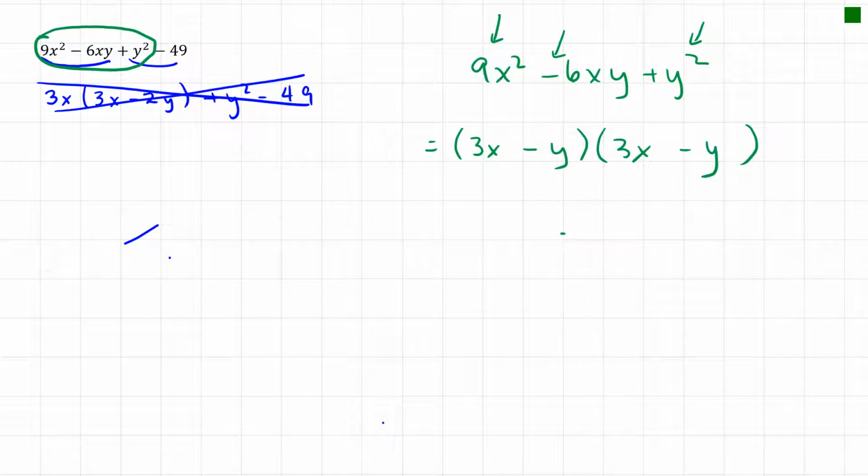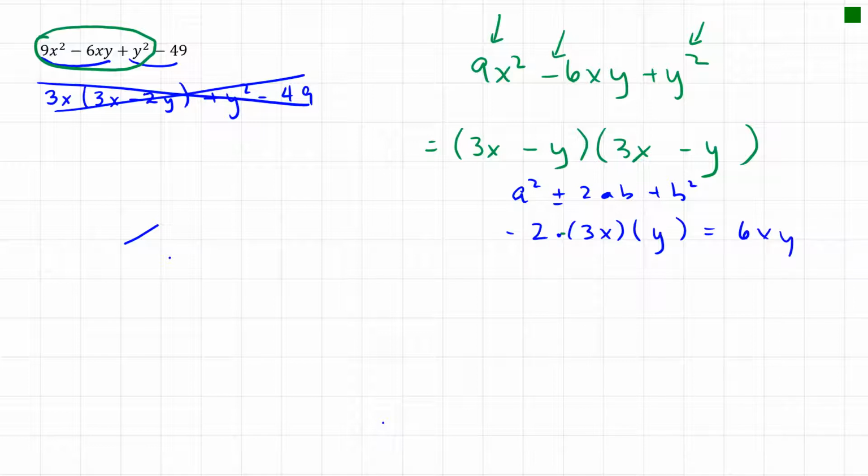So before I leave it there, I'm going to double check to make sure that this combination will give me a negative 6xy. So checking my formula, remember the perfect square formula is this one. So checking the 2ab, 2 times a, which is 3x, times b, which is y, would give me 6xy.